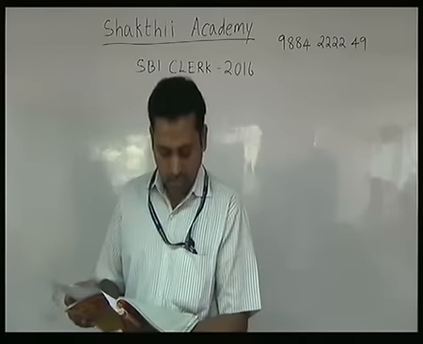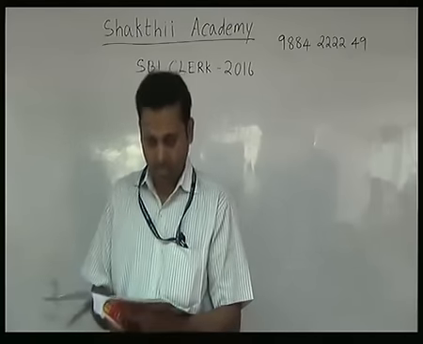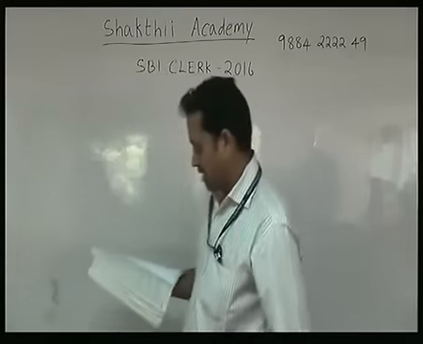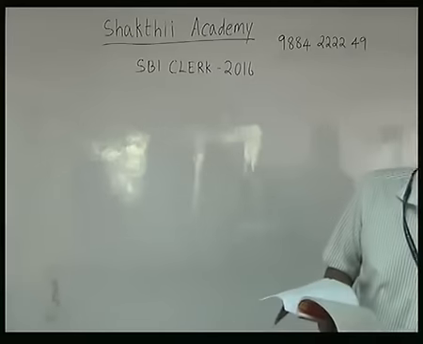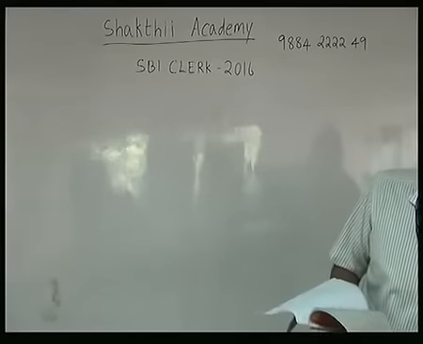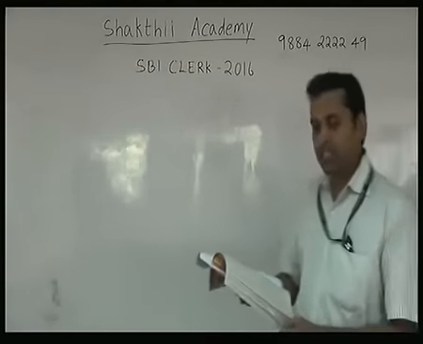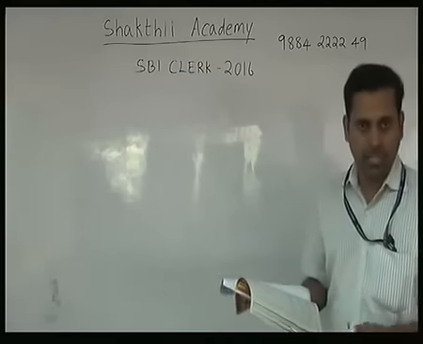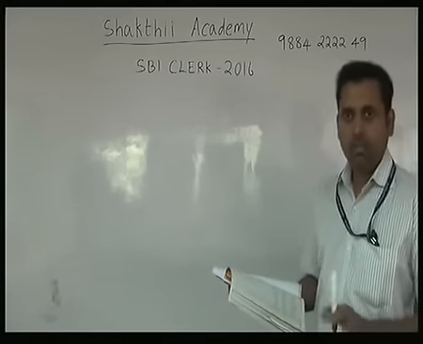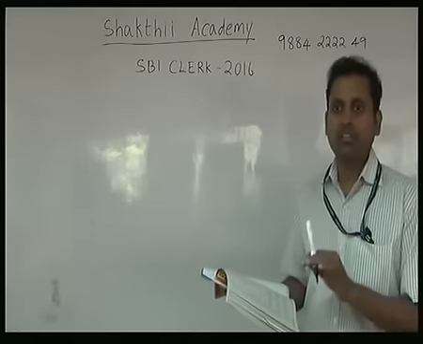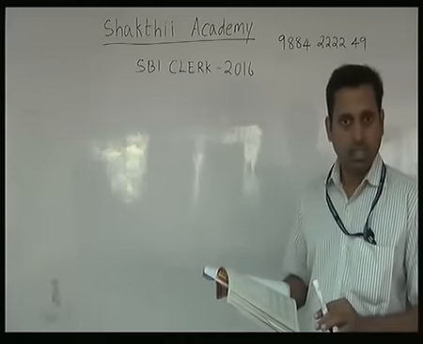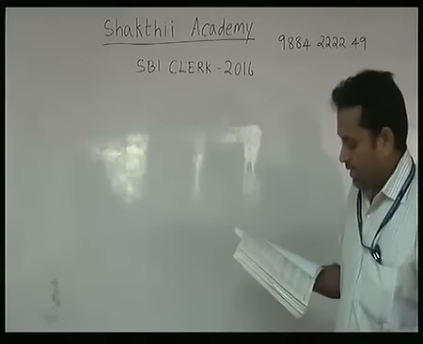What is Sonal's present age? See, some of you may be thinking it is very confusing. It is nothing confusing. Instead of 2 people, they have given 3 people. That's it.